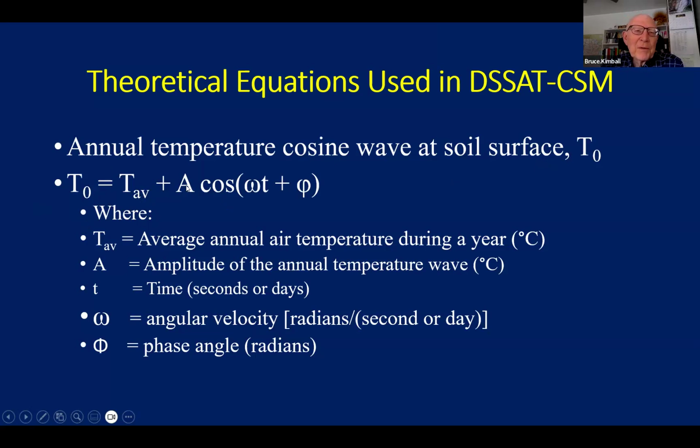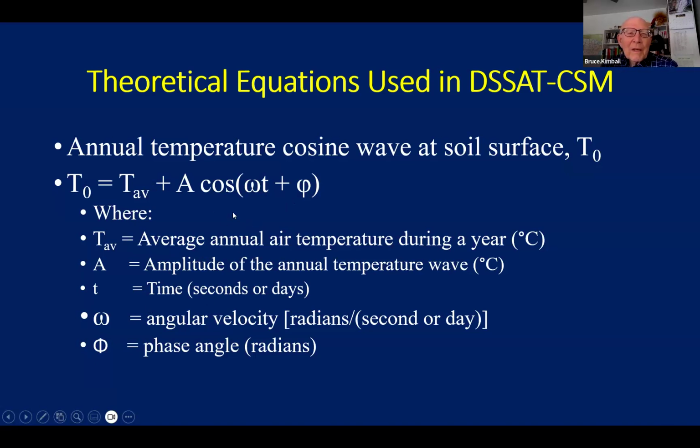And this is the amplitude of the temperature wave. A lot of modelers take that to be the difference between the average temperature in, say, July minus January or something like that. This is an angular velocity, this is days during the year, the time, and this is a phase angle.